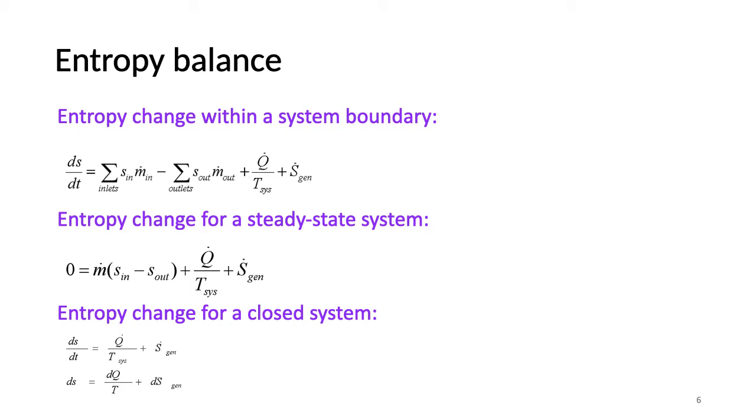So, this is the general entropy balance for a system. For a steady-state system, there is no accumulation of entropy, and the dS/dt term goes to 0. For a closed system, there is no mass flow, and the entropy associated with mass flow rates goes to 0.